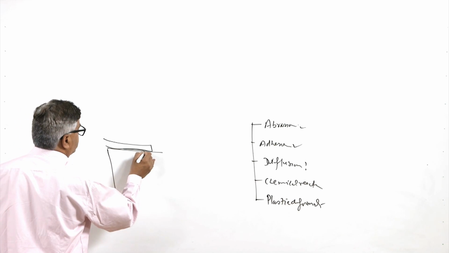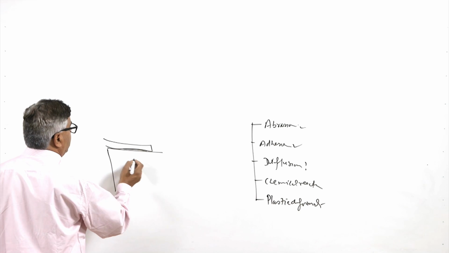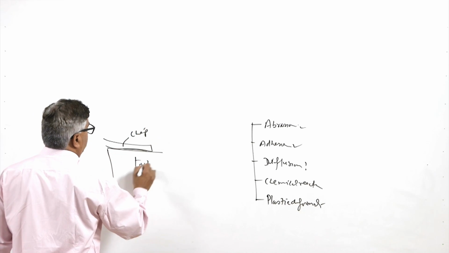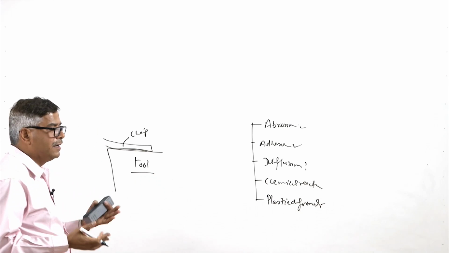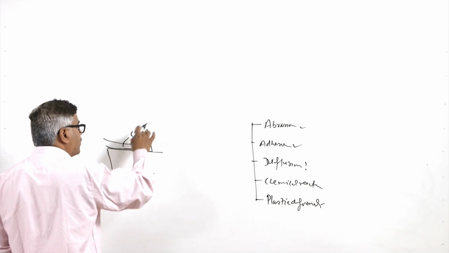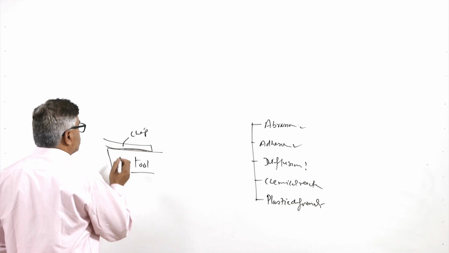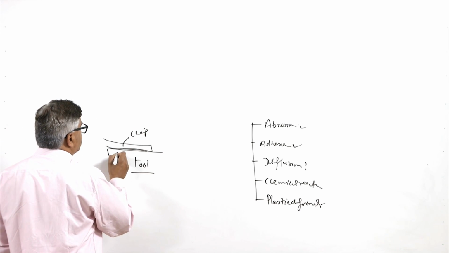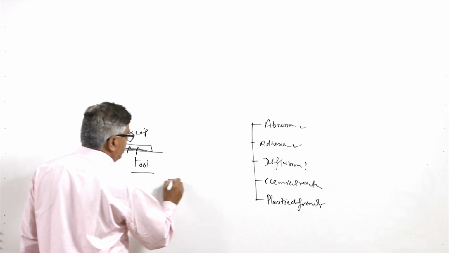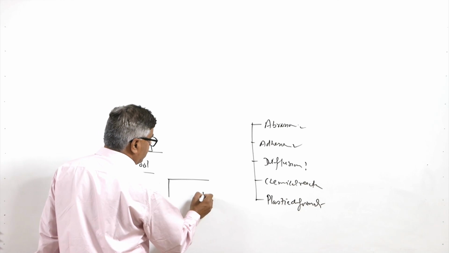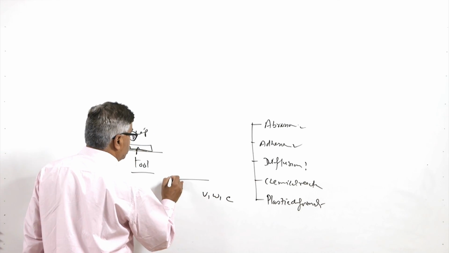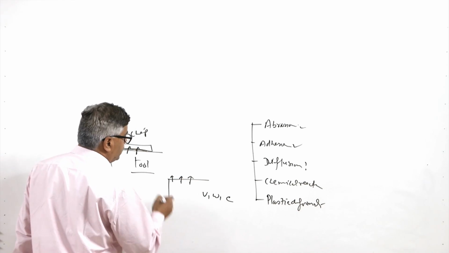Because of the difference in composition between the chip and the tool, the tool material has a lot of alloying elements and special constituents which are not generally present in the chip. So the alloying elements start diffusing into the chips, and over a period of time elements like vanadium, tungsten, carbon, etc. diffuse into the chips.